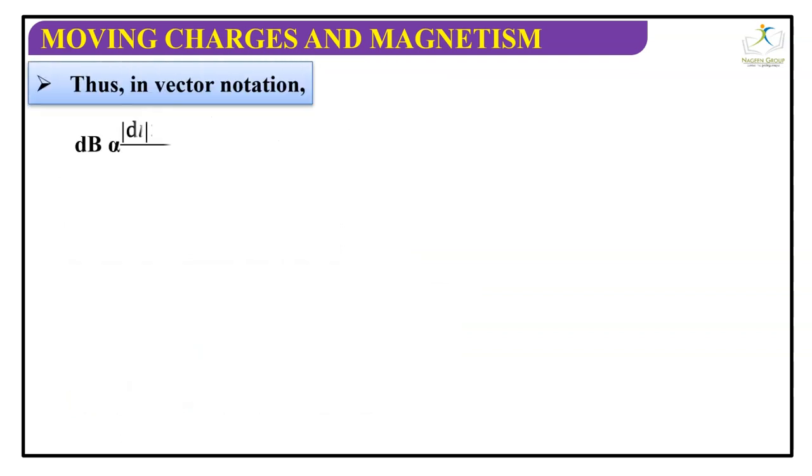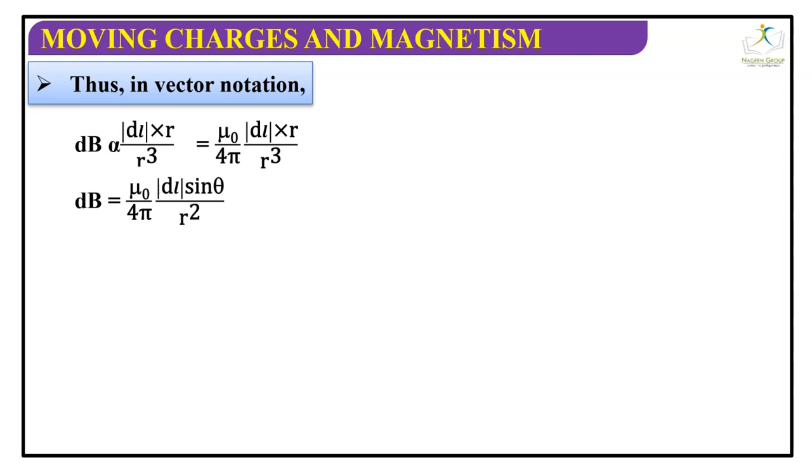In vector notation, we write dB is directly proportional to the mod of dl cross r. Cross means a value which is perpendicular to each other. If we remove the proportionality sign, mu naught by 4 pi comes in: dl cross r divided by r cube.